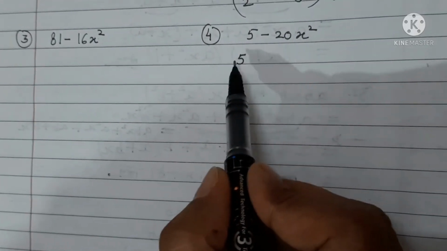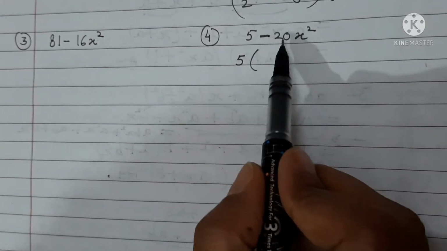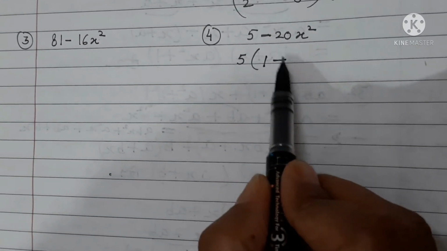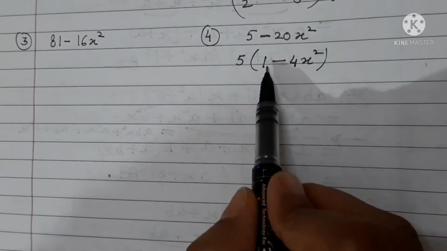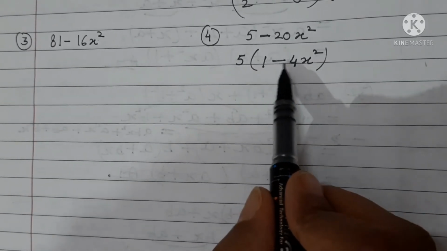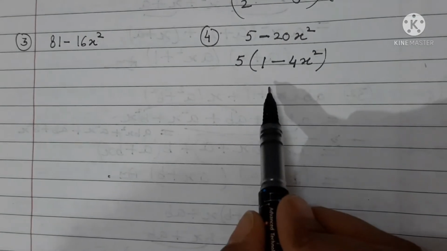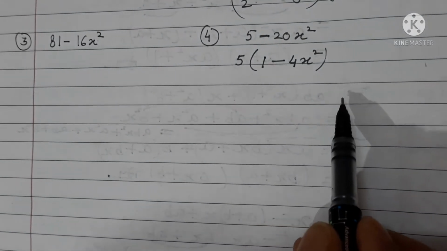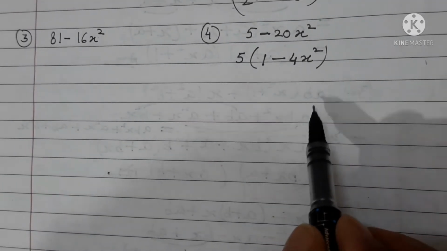So this is the way, don't do other forms, and this becomes 5 into (1 minus 4x square), since 5 fours are 20. Now this is 1 square minus (2x) whole square. Then you apply the formula a square minus b square is equal to a plus b, a minus b. I am solving here and you can do it in your notebook now.